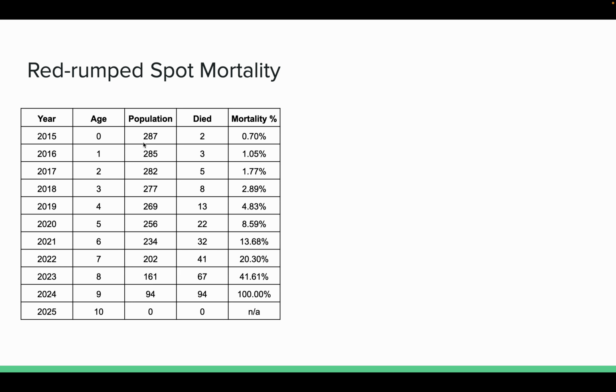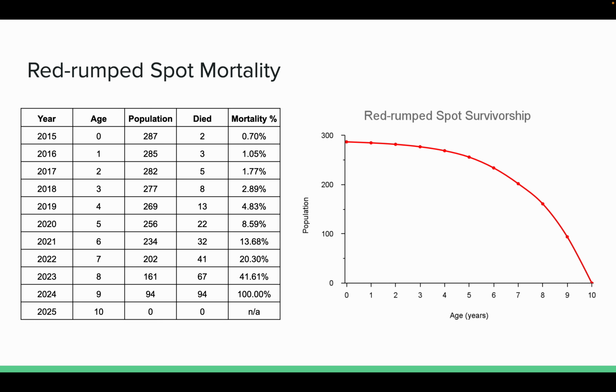So, it is a lot easier if we try and display this visually on a graph instead. So we're going to track the population size based on the age of the individuals here. So population over age. Let's take a look at that. So this is our graph. You can see that to begin with, it's a very low mortality rate.